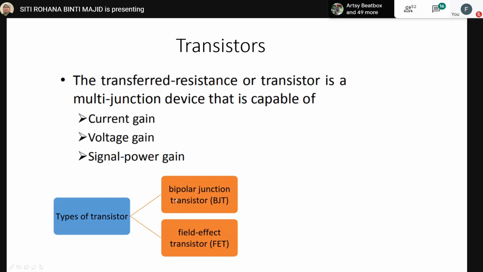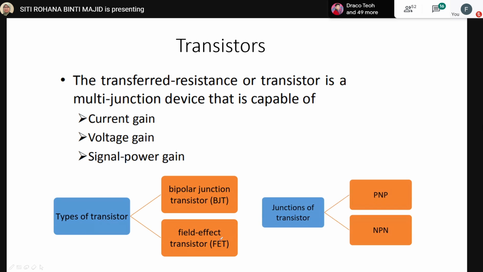Okay, there are a few types of transistor. The first one is the bipolar junction transistor, and we have the field effect transistor, FET. For the bipolar junction transistor, they have two configurations.